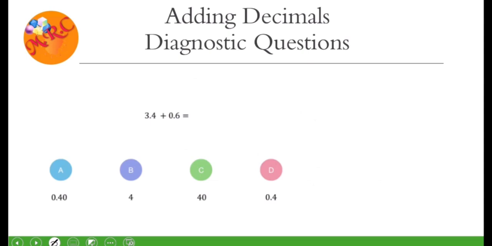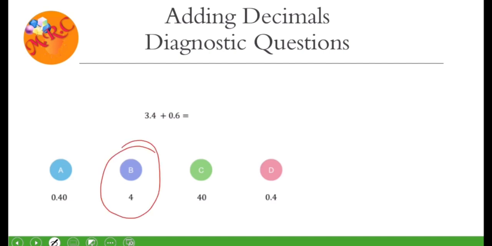So we're looking at diagnostic questions, and I'm giving you 30 seconds to complete these questions, and then we're going to write our answer. So I'm counting down in 5, 4, 3, 2, and 1.